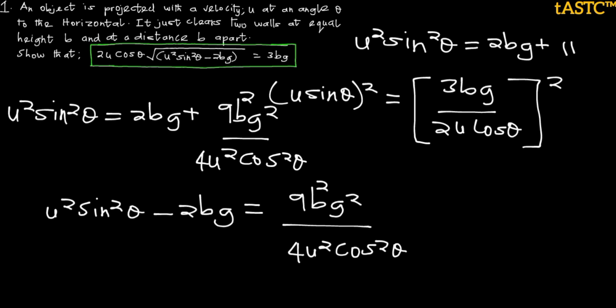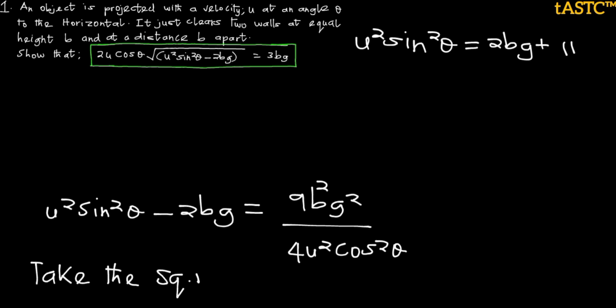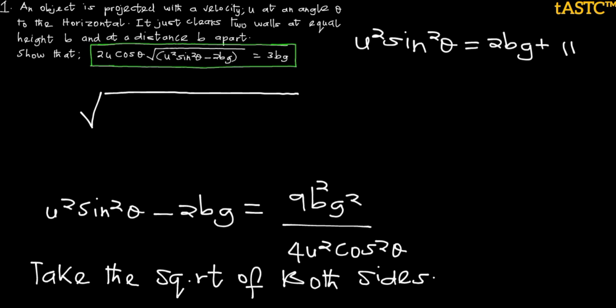Now, the next thing I'm going to do is find the square root of both sides. So in order to do that, this stuff is going to have a square root sign, which is going to be u squared sine squared theta minus 2bg.